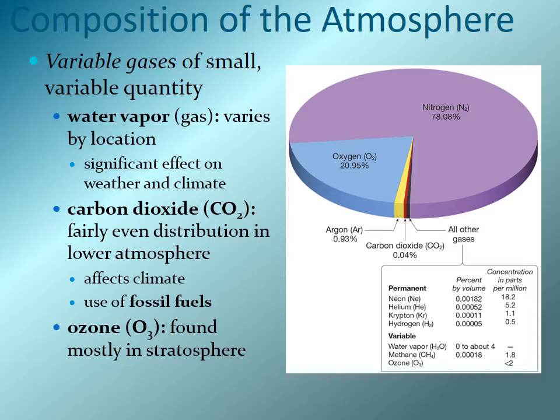And it actually is a gas that we want in the stratosphere because it helps protect against the harmful ultraviolet radiation that tries to make it down to the surface of the Earth. Those are the main variable gases, even though we do have other variable gases in our atmosphere.